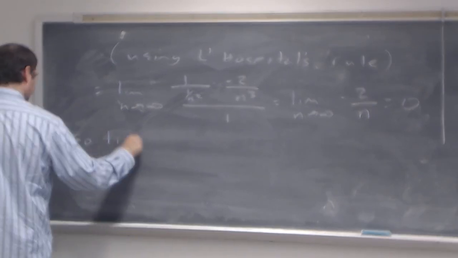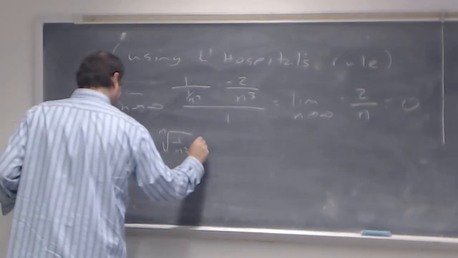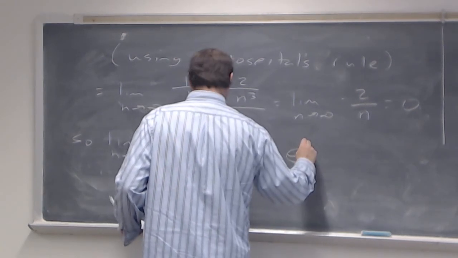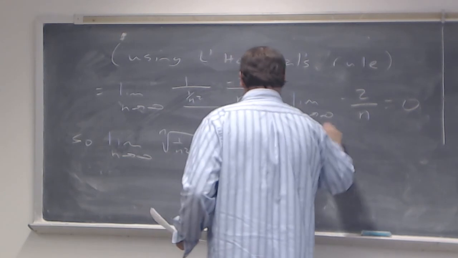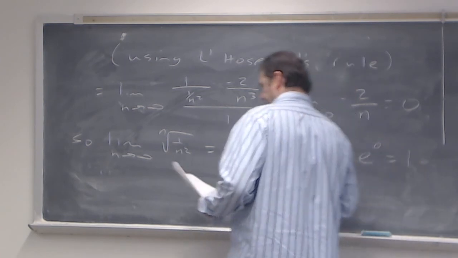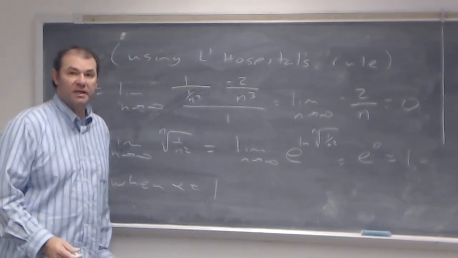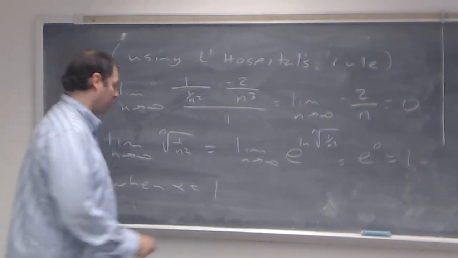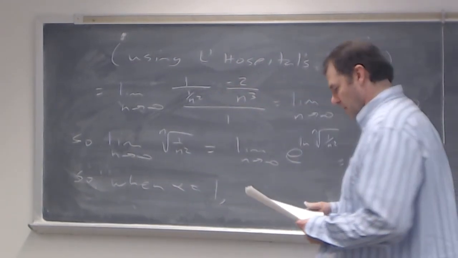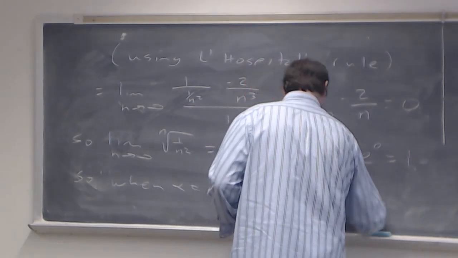So the limit of the nth root of 1 over n squared is equal to the limit of e to the ln of the nth root of 1 over n squared, which is e to the 0, which is 1. So when alpha equals 1, we found two examples with two different conclusions about the series. We conclude that we can't make a conclusion.